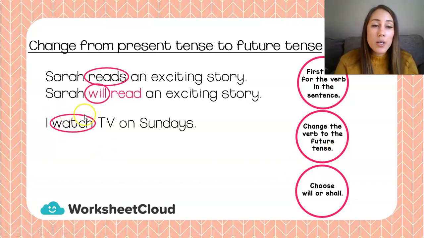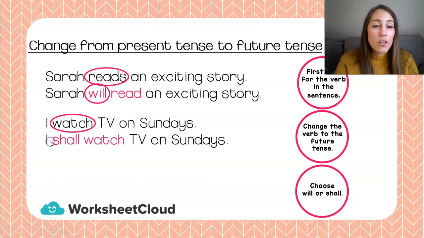So watch becomes will watch. But then I need to choose, is it going to be will or shall? I shall. Whenever I talk about myself or a group that I'm included in, then it becomes shall. So I shall watch TV on Sundays.